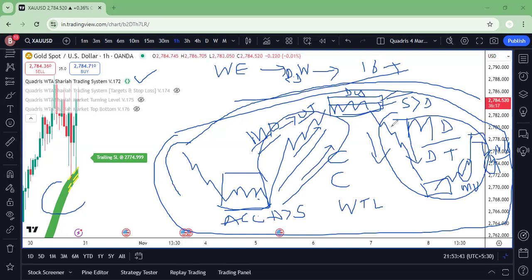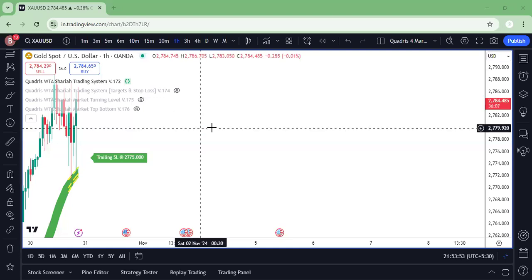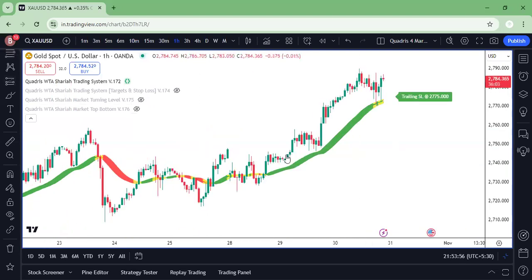So I hope this simple two to three minute explanation suffices for the logic of Wyckoff. Here, first things first, don't take this as any kind of pullback system. Please, please, please.